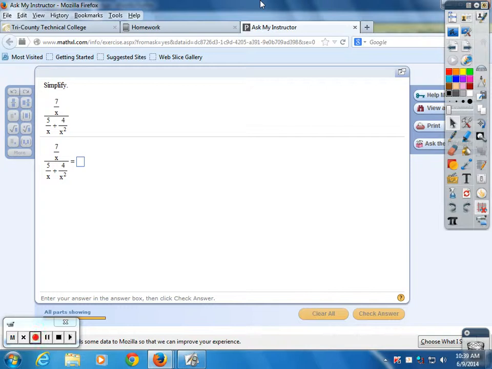You're going to multiply by what? X squared. X squared over 1. So multiply by x squared over 1.